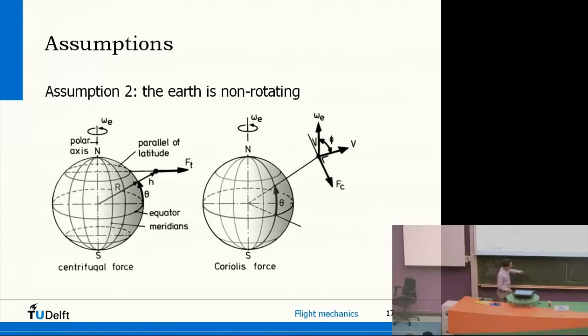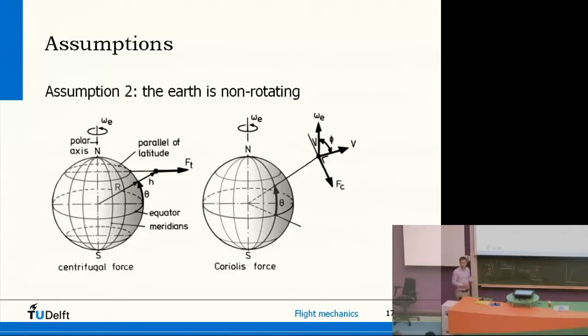So it's kind of comparable to one of these discos where you have a dancing floor that turns around. If you're in the center and this thing is rotating and you walk outside, then you'd feel that the speed is increasing and you'd feel a force. So these forces are present if you consider the rotation of the Earth.